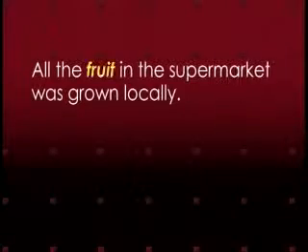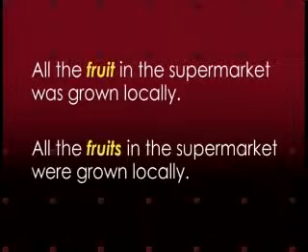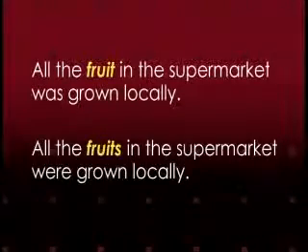We can also use a shortcut when we want to distinguish different types of a product or substance. For example, we can say all the fruit in the supermarket was grown locally. Or we can say all the fruits in the supermarket were grown locally. Both are correct. In the first case, we may be distinguishing fruit from vegetables and meat products. It is used as an uncountable noun.